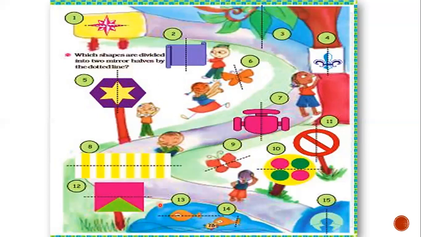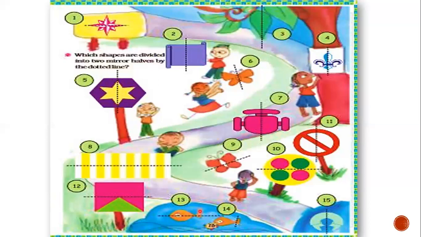13, you see very carefully. If you look at the figure carefully, you can see that the horizontal line divides it into almost the same two halves, but the tail part, you see the tail part, it is not dividing exactly into two parts. So we cannot consider it as the mirror half only because of the tail part.